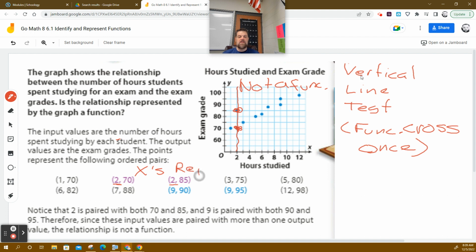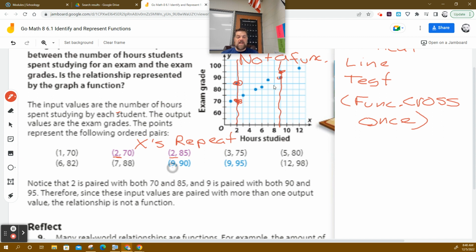So based on that alone, it is not a function. The same thing occurs here. If I draw a straight line up and down, a vertical line, it crosses more than once, so it is not a function. Basically, because I have two 2's and two 9's, the x's repeat.